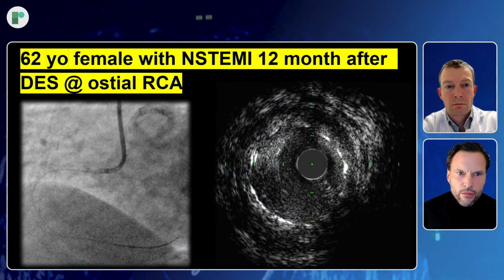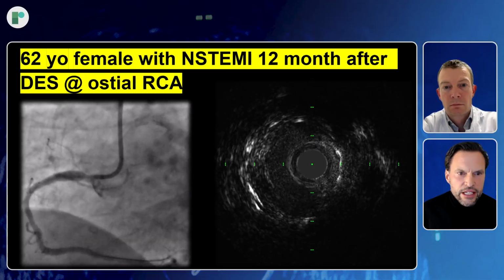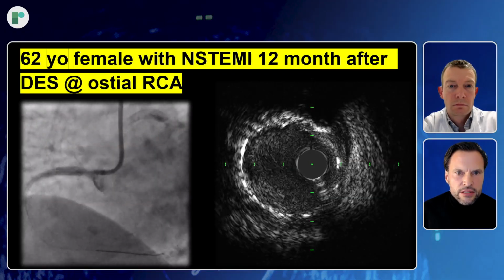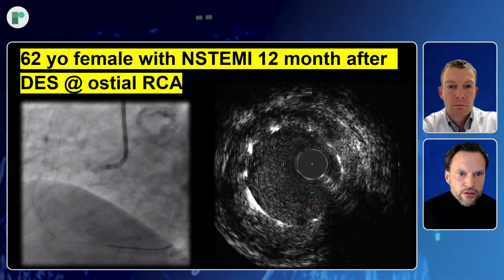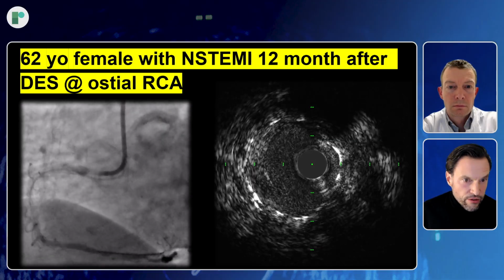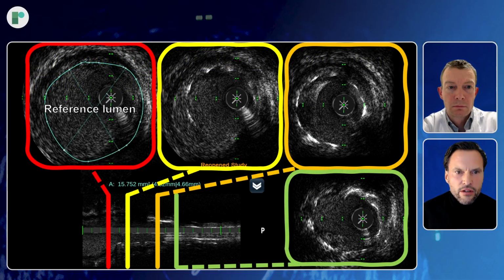And this is one more example of a patient pre-treated in the ostial RCA, and he came to us with NSTEMI 12 months later. You see this angiogram, and there's an ostial stenosis, of course, and these are the images from intravascular imaging.